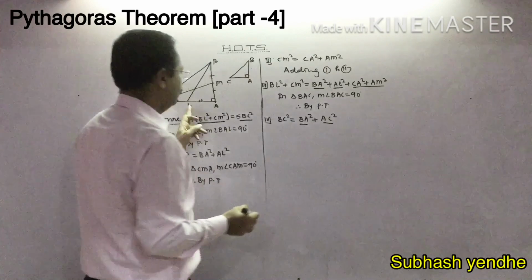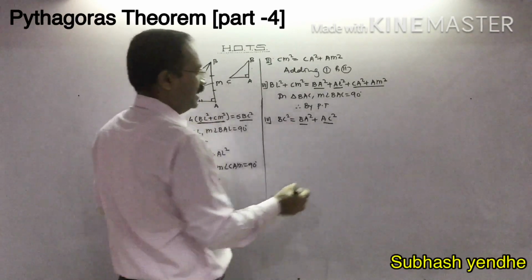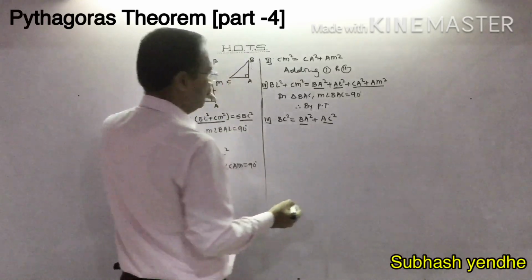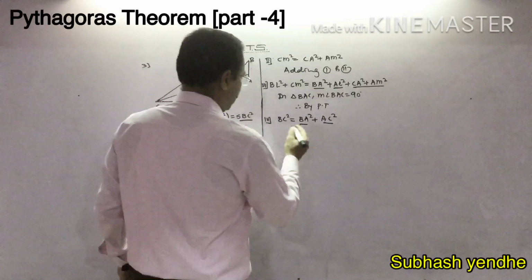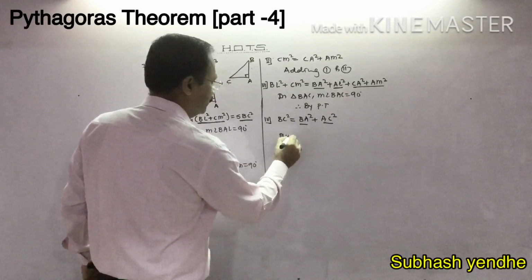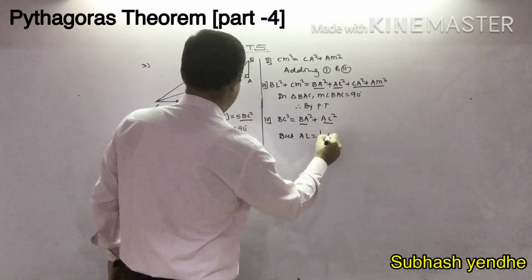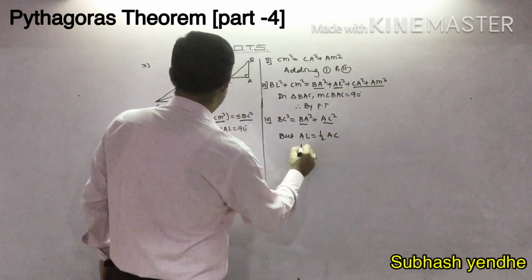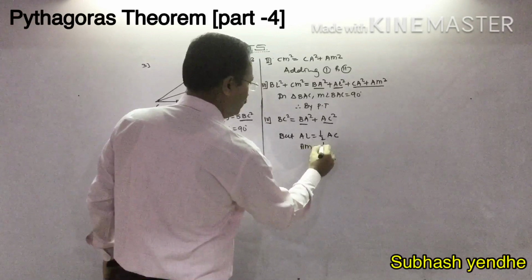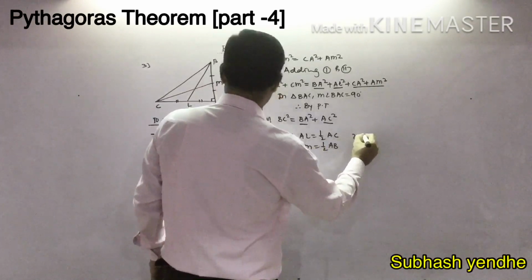This is AL. AL is half of AC and AM is half of AB, because these are the midpoints.